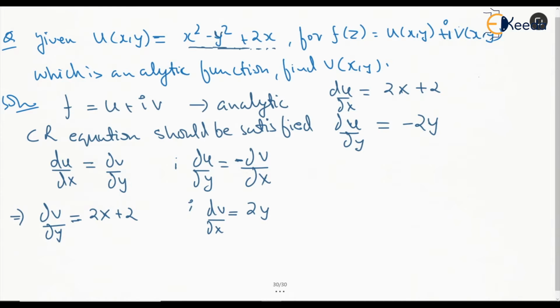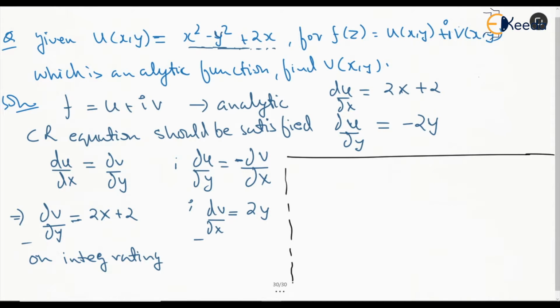So now we can integrate this with respect to y and this one with respect to x. So let's see what we are getting. The first one gives v is equal to, integrating with respect to y, 2xy plus 2y plus a function of x.